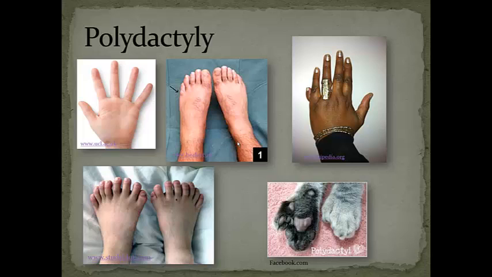Bottom left, custom-made shoes. Fully expressed, multiple toes. Someplace where you see a lot of polydactyly is in cats. It's actually kind of prized among some people. But like you see, these are all people who have that dominant allele, but they don't always express, and even if they do express, they don't express to the same extent.